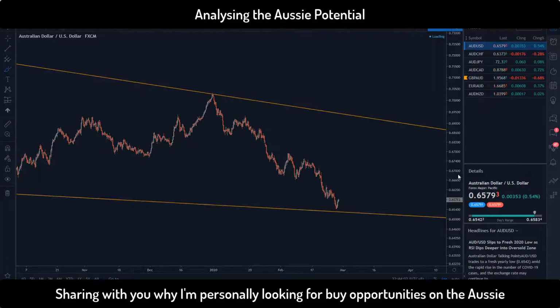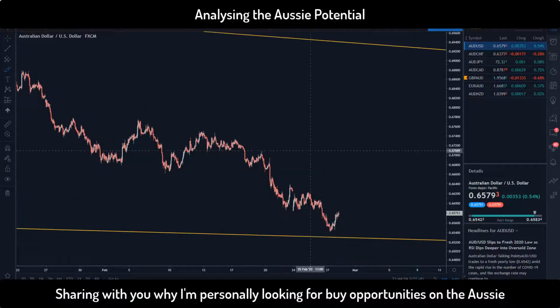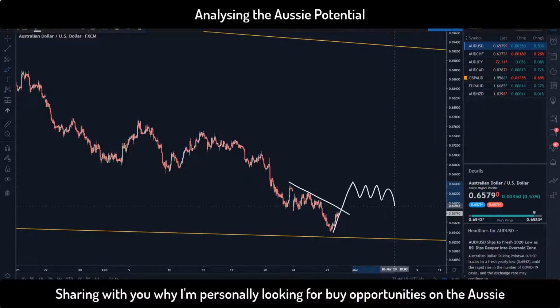What I'll be looking out for, even on a 1-hour time frame, is an impulse move to the upside, perhaps breaking some of this trend line, and then I want to see a correction, somewhat a flag or an ABC pattern, whatever it is, basically a slow moving price development.